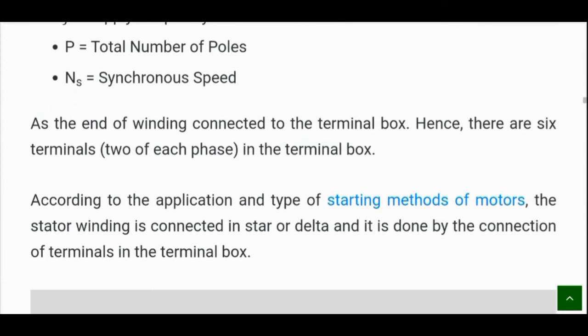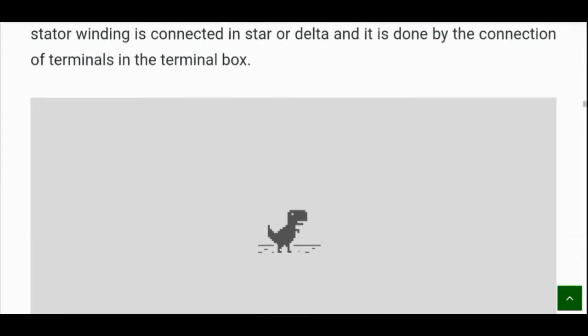The ends of the winding are brought to the terminal box, hence there are 6 terminals, 2 for each phase, in the terminal box. According to the application and type of starting of the motor, the stator winding is connected in star or delta, and this is done by the connection of the terminals in the terminal box.